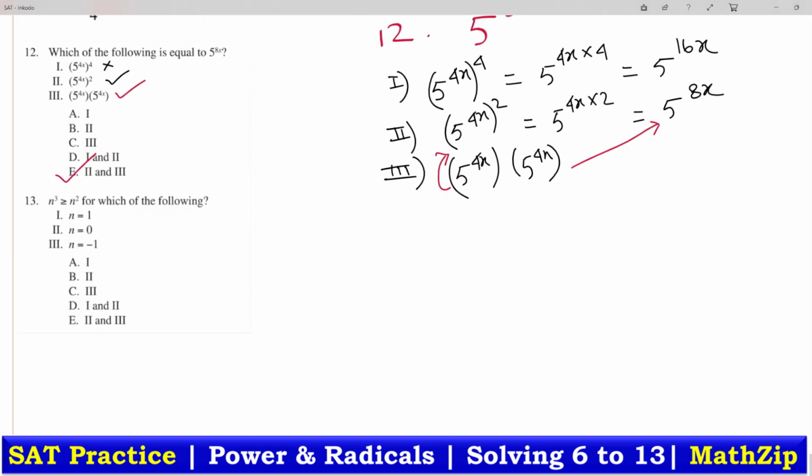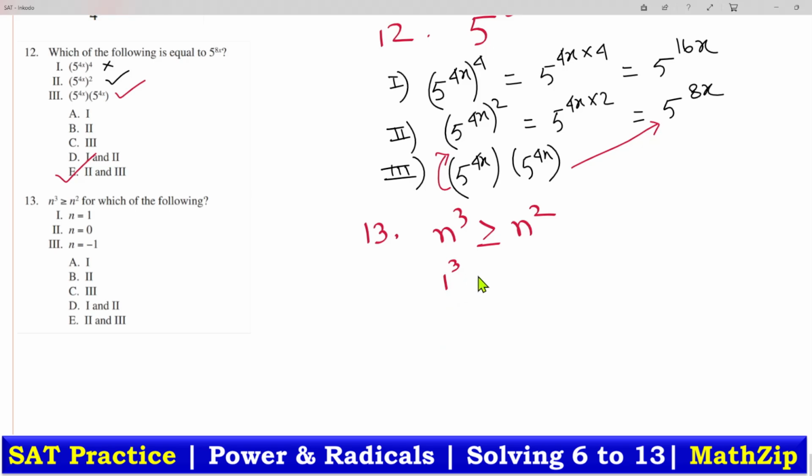Number 13. This one also very interesting and important. Here n cube is greater or equal n square. Now if n equals 1, it means 1 cube.